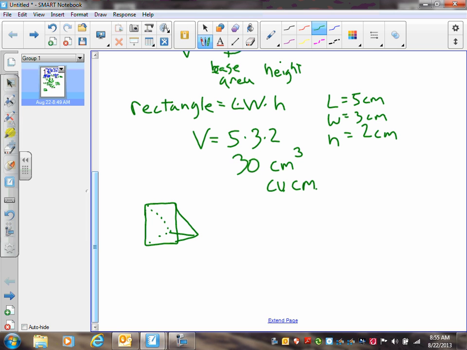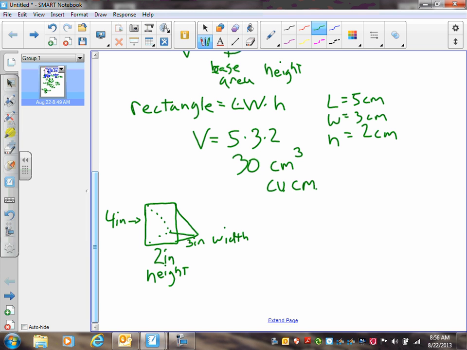So, if I told you this was 2 inches, that would be the height. If I told you this distance was 3 inches, that would be the width. And this distance right here, even though it looks like it's the height, is actually the length. And I'm going to say that's 4 inches.